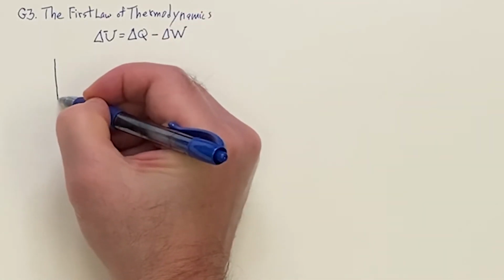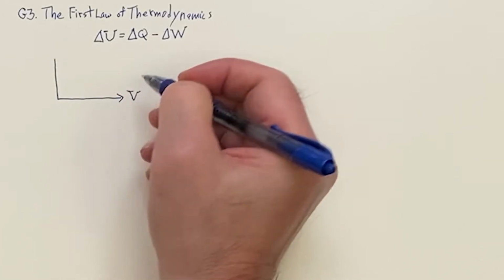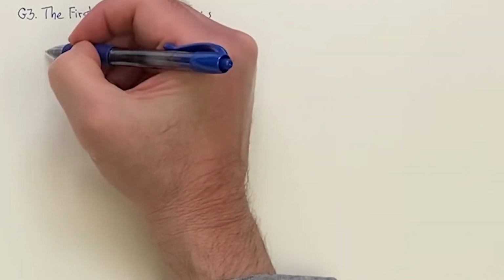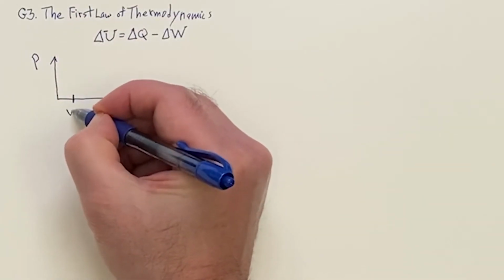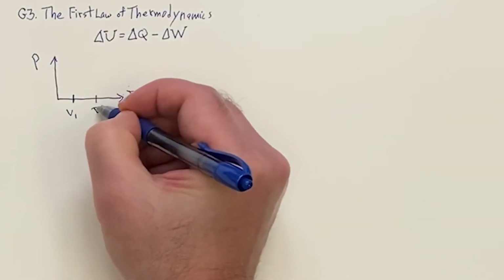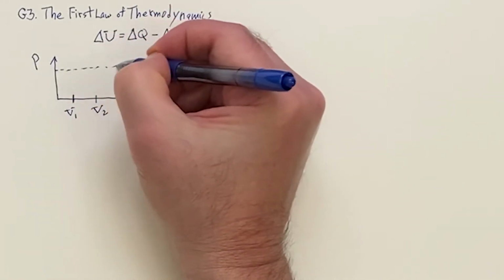And to understand this, we're going to draw little graphs where we have, say here, this is going to be volume, and this is pressure. So volume 1 and volume 2, and pressure.